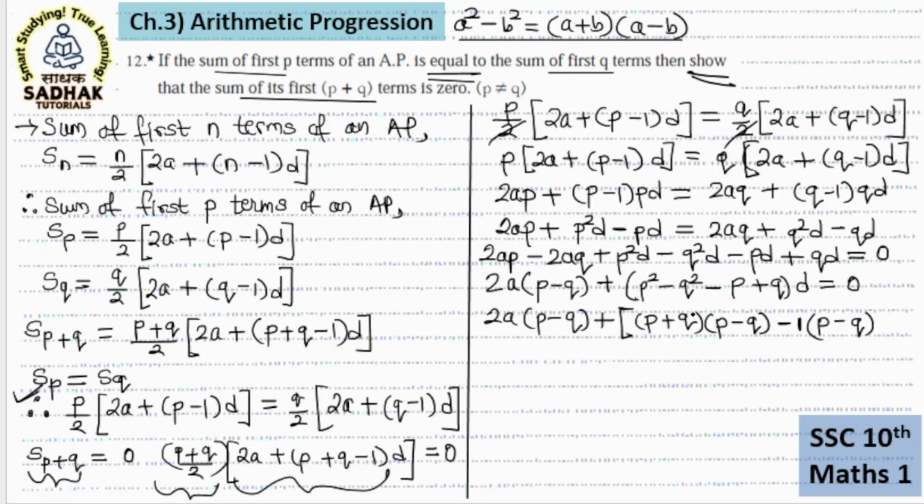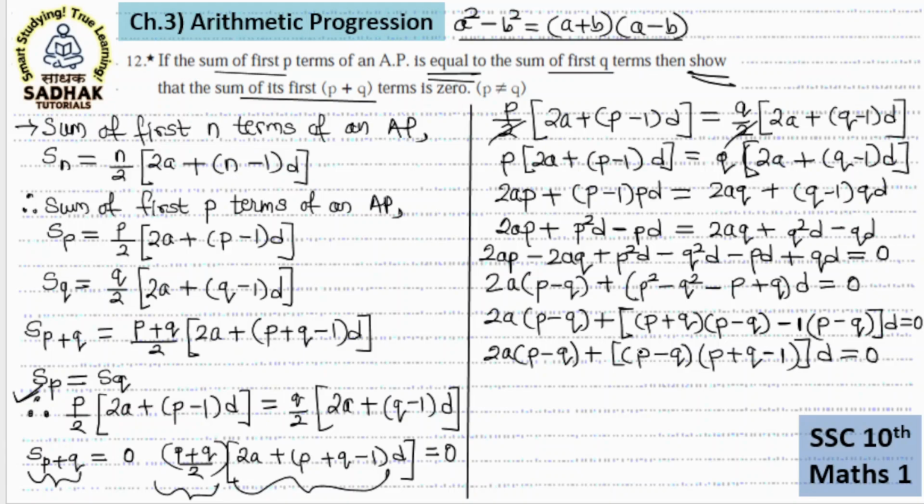Now this is correct. Okay, now 2a multiplied by p minus q plus, now here you can see p minus q is common, so I can write p minus q as common, and what remains is p plus q minus 1. Okay, so that entire thing multiplied by d is equal to 0.